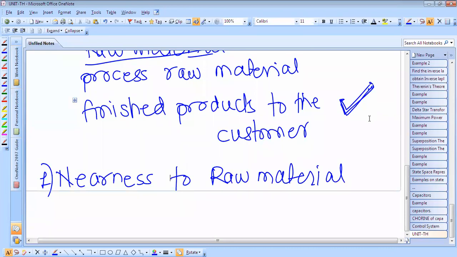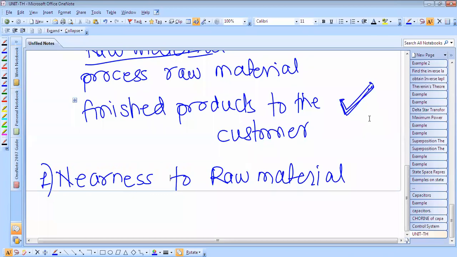So when your raw material is very near to you, your transportation cost is going to be reduced. But suppose it is very far away, especially for those plants which consume raw material in bulk, or where the raw material is heavy and cheap but loses a good amount of its weight during processing, the plant must be located close to the source of raw material.